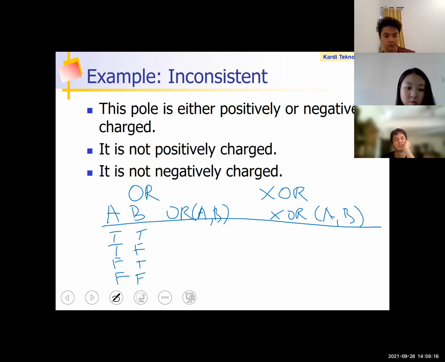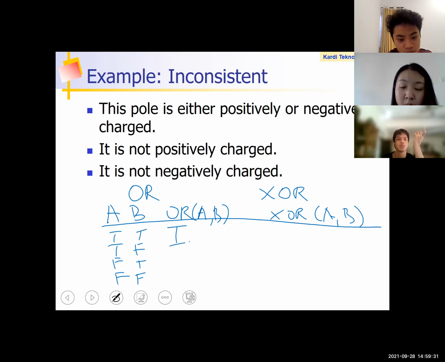So what is the truth table of OR? True, true becomes true. True, false is true. False, true is true again. How about false, false? False. Now, exclusive OR will say, if true, true, this is false.